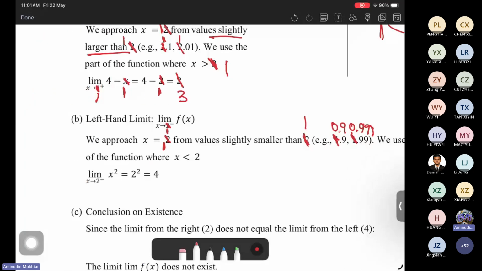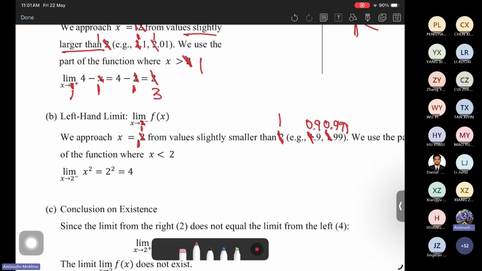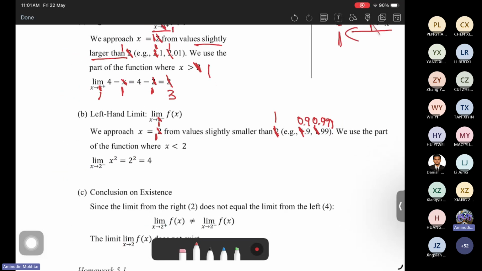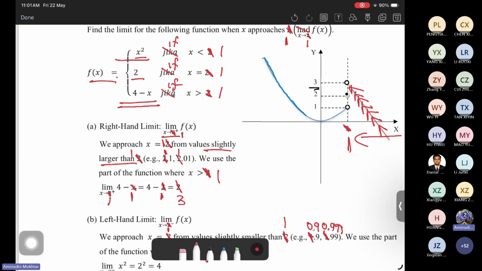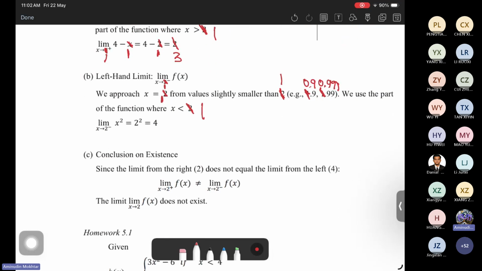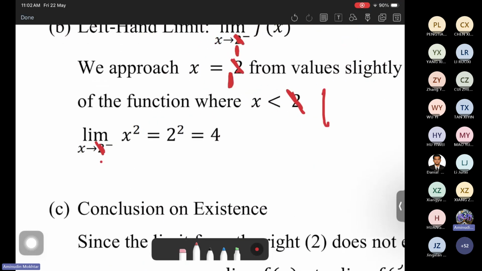For this case, we need to use the part of the function when x is less than 1. That is the quadratic part of the function. So when x approaches 1 from the left, we apply x squared.